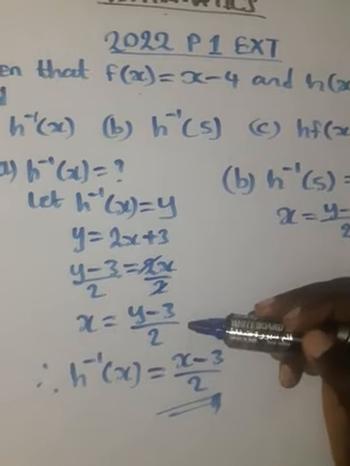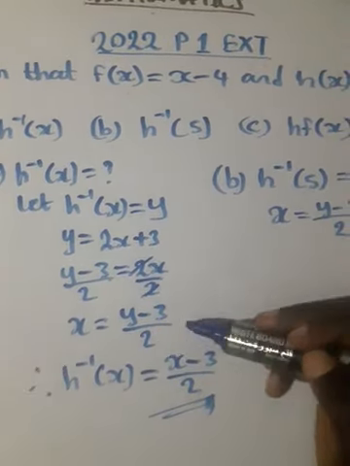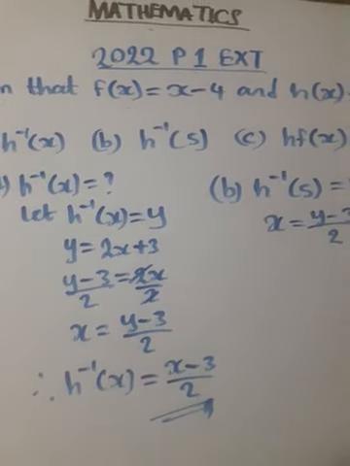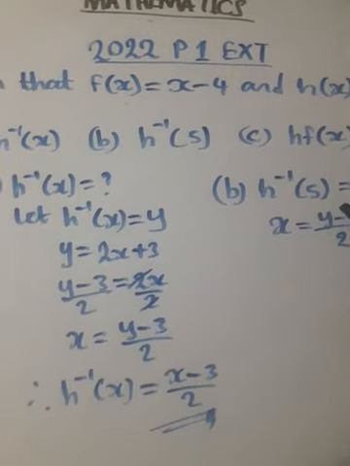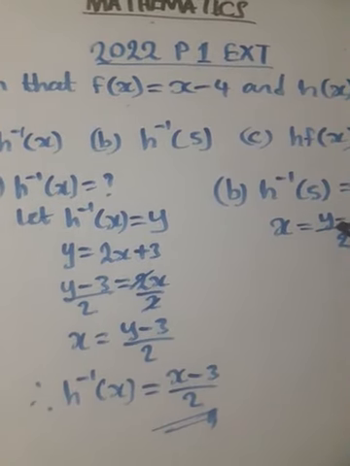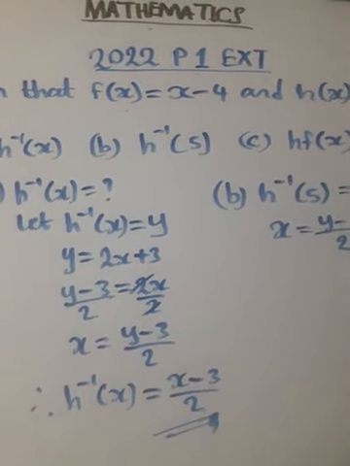Now it is just a matter of picking this equation. And to conclude this question, we now replace y with 5, which is what is given.